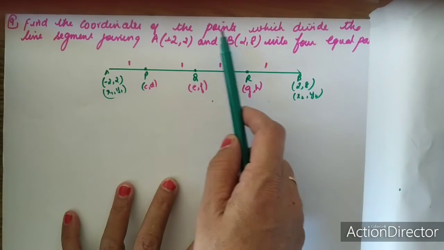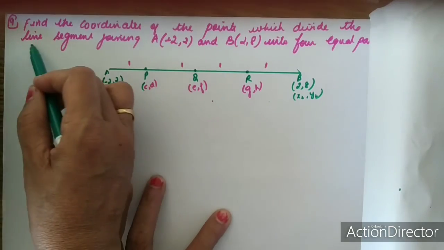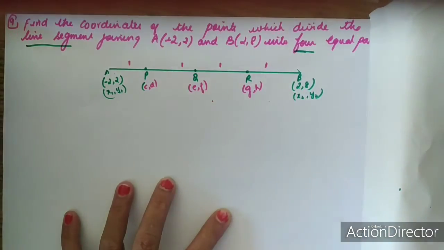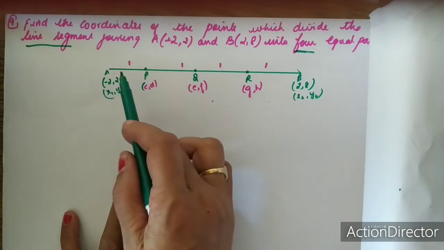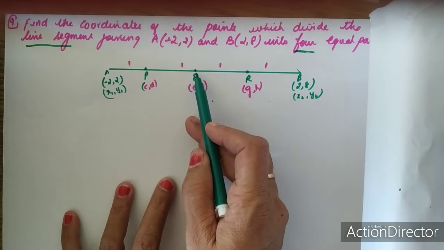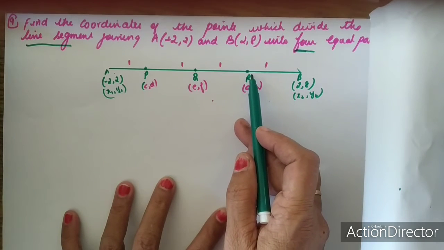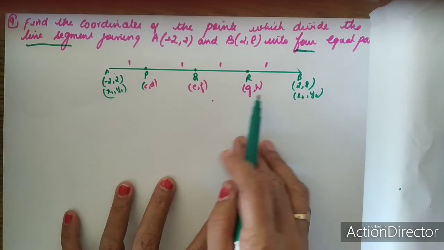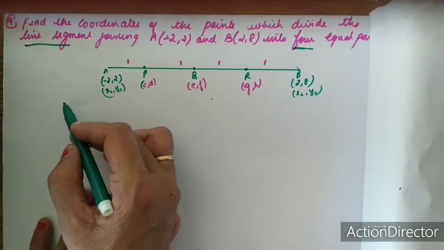Find the coordinates of the points which divide the line segment joining A and B into 4 equal parts. So here you are able to observe that this line segment is divided into 4 equal parts. Let P be the first point, Q be the second point, and R be the third point, which are going to divide this line segment into 4 equal parts. So let us write now.